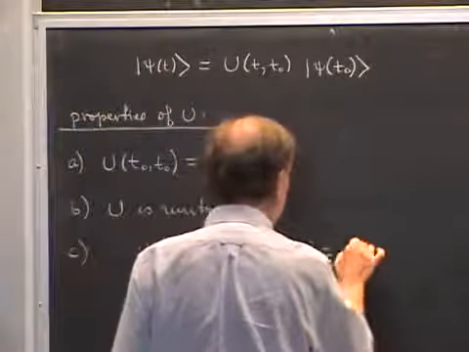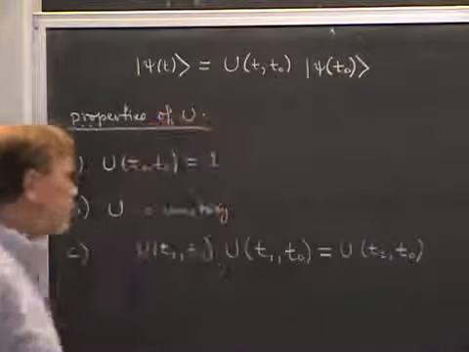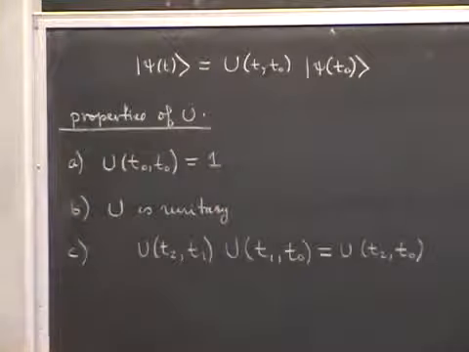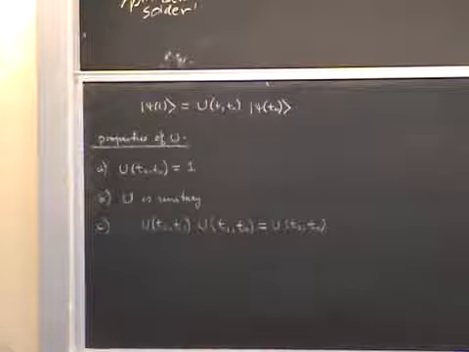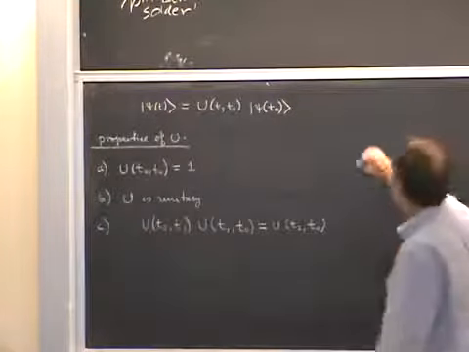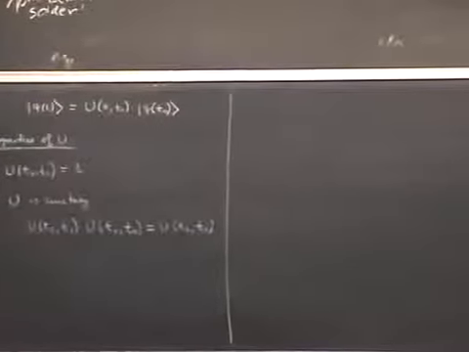The answer has got to be the same thing as going straight from t0 to t2, u of t2 comma t0. It's a plausible property that this operator u should have. So those are our three principal requirements on the unitary time evolution operator u.